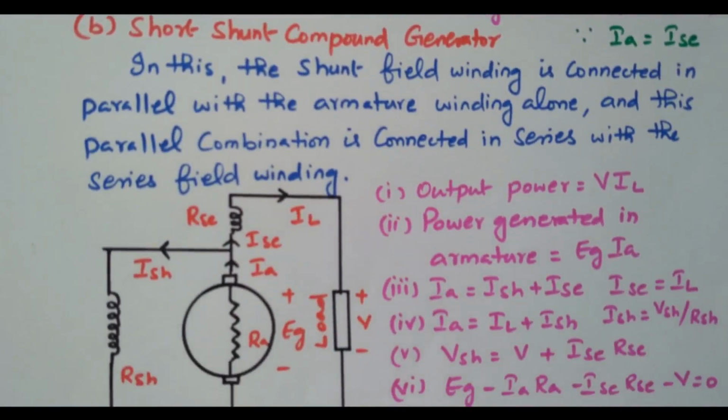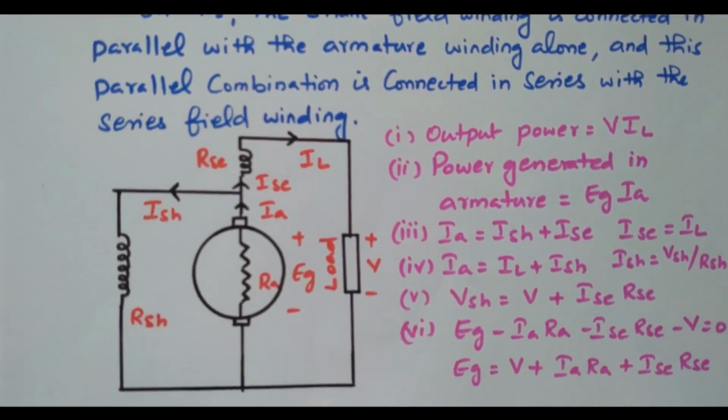Short shunt generator. See here, this is the armature rotating part. Immediately the shunt field winding is connected, so that is called a short shunt.